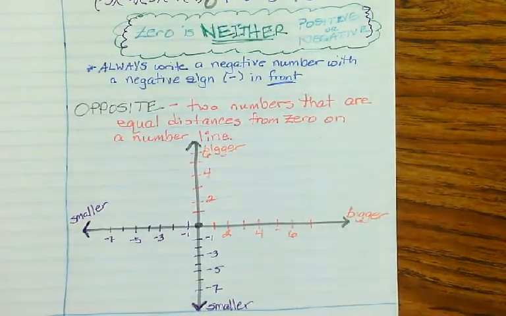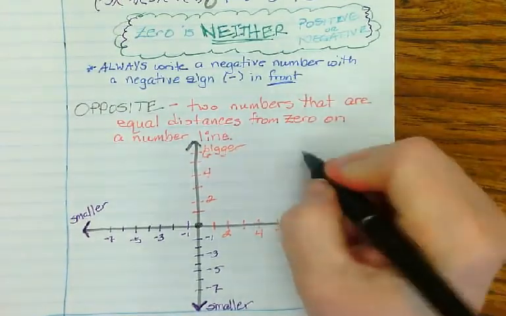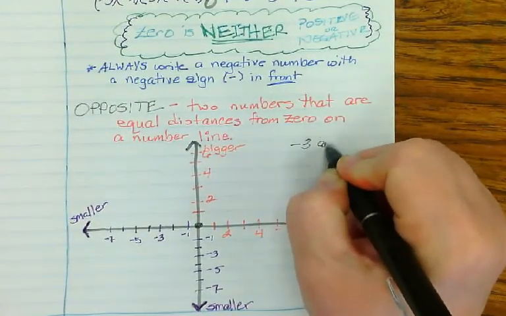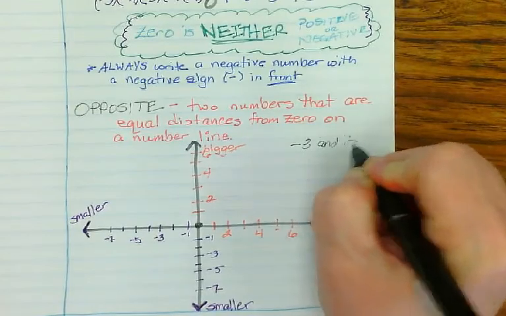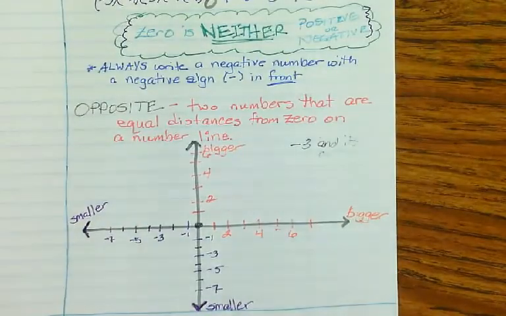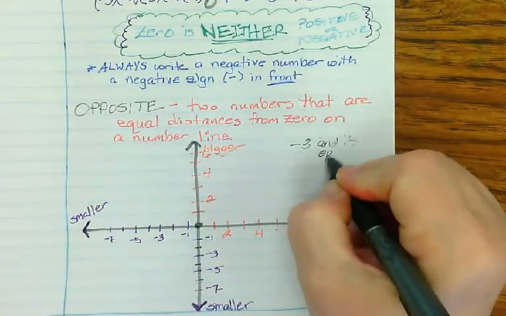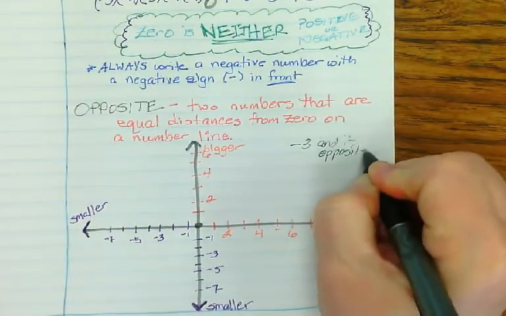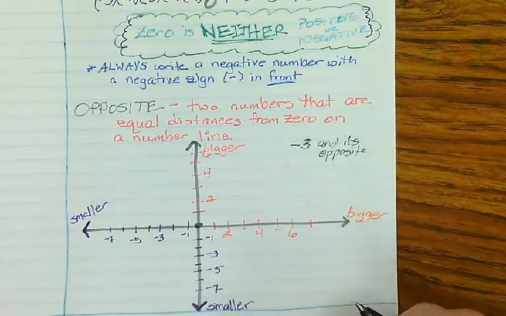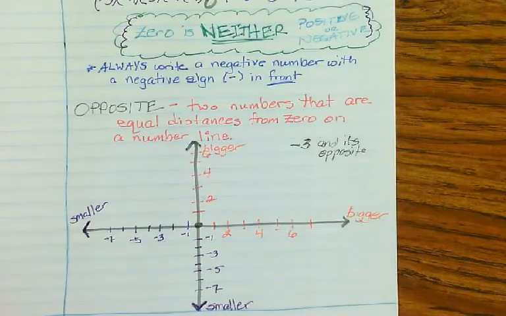So if I say, show me -3 and its opposite. My black pen is dying. Let's get a different one. And its opposite. Okay? Then I'm going to use one of my highlighters here because they're fun. I'm going to use a little pink one.